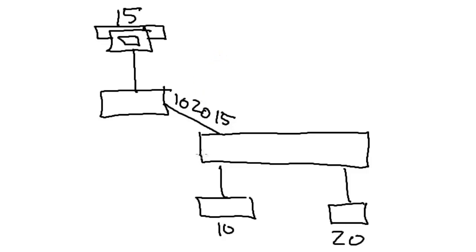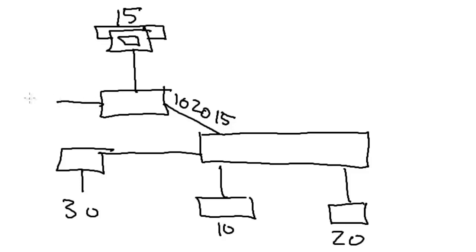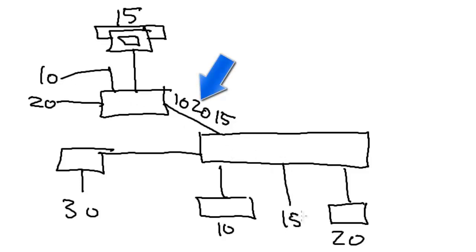If we add a new VLAN 30, we either could or could not allow it to traverse the trunk link. If there are VLANs in other areas of our enterprise, let's say VLAN 10, 20, and VLAN 15 are scattered throughout, obviously the trunk links are going to be needed in order for traffic to pass over our network.